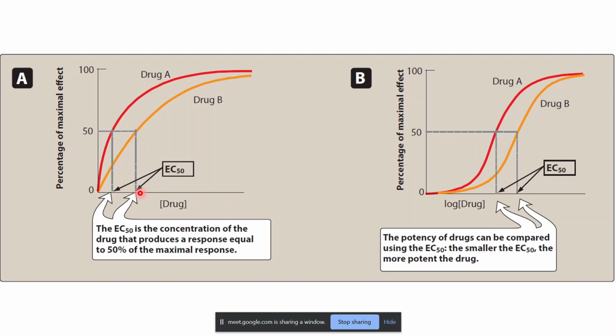As shown in the right figure, the curves become sigmoidal, and this can be interpreted more easily. So the curve is S-like, and EC50 can be detected more precisely using these curves.